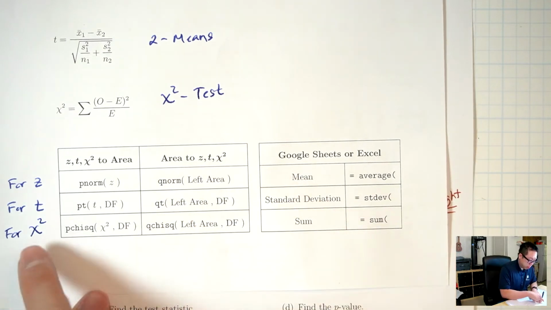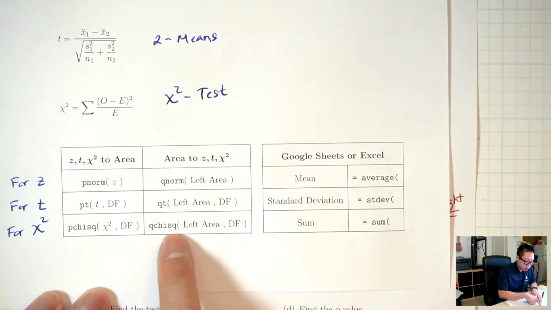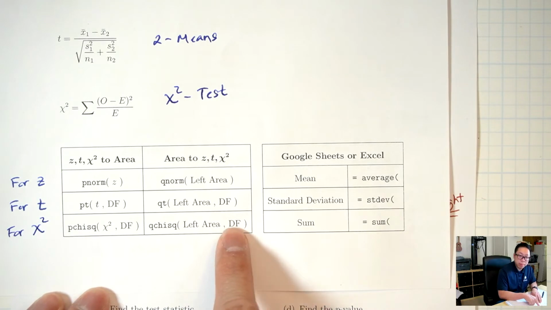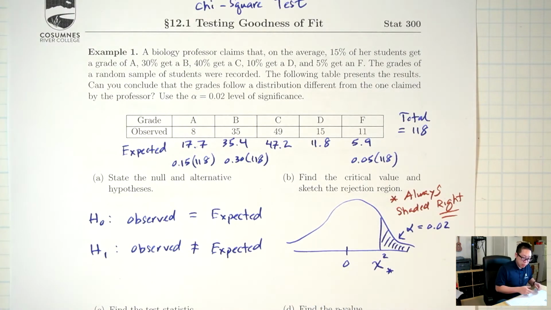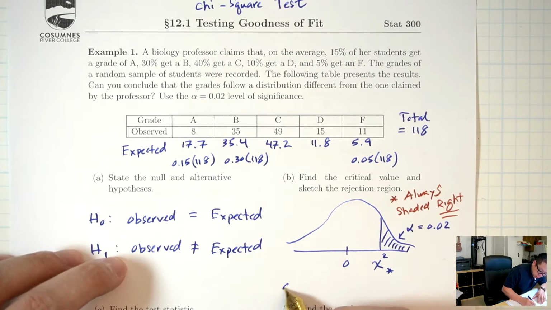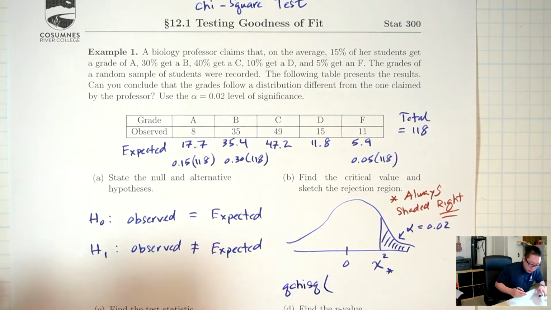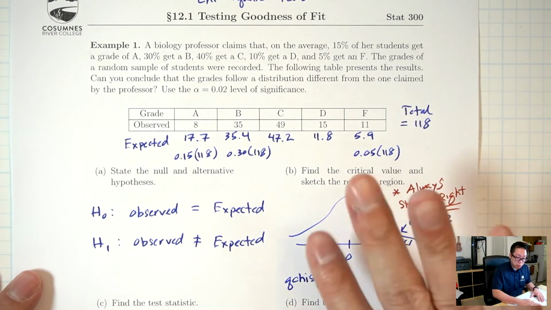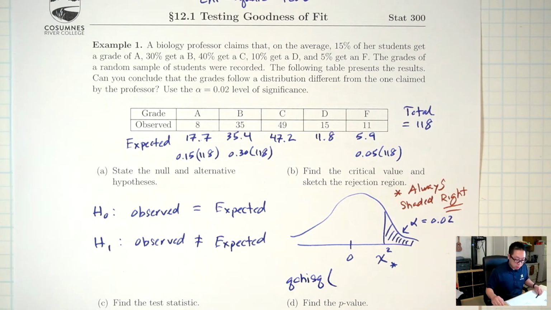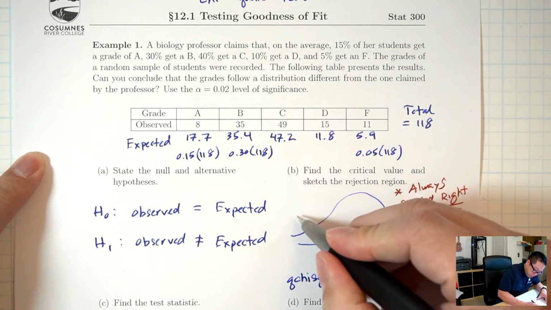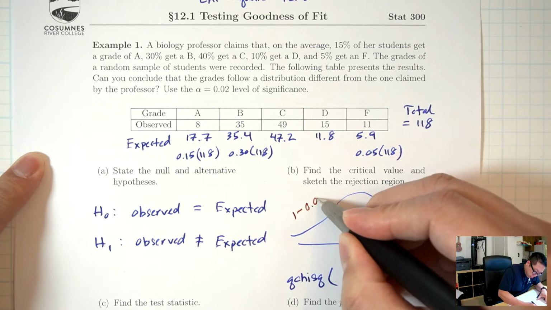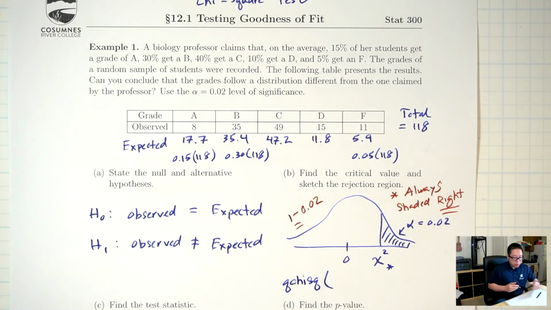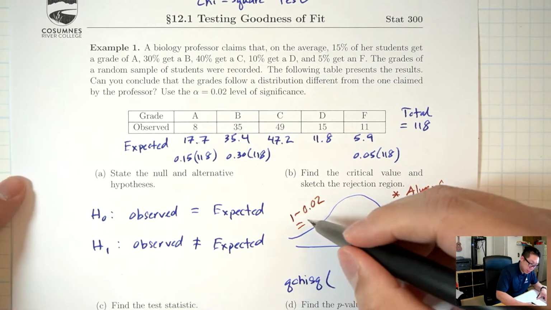Area to chi-square for the chi-square situation is going to be Q chi-square left area df. All right, so we're going to do Q chi-square left area df. Left area: 0.02 is the shaded area to the right. I want the other side. So I'm going to do 1 minus 0.02, which I think is 0.98.